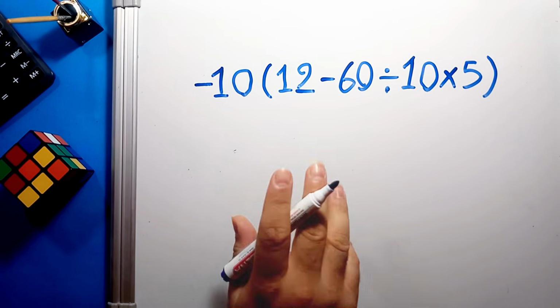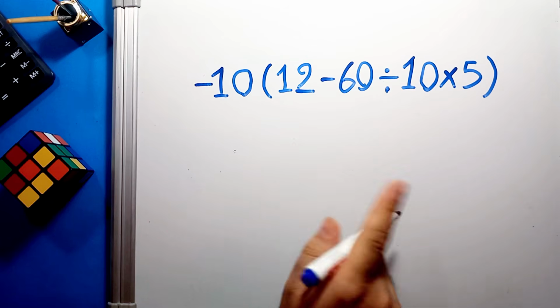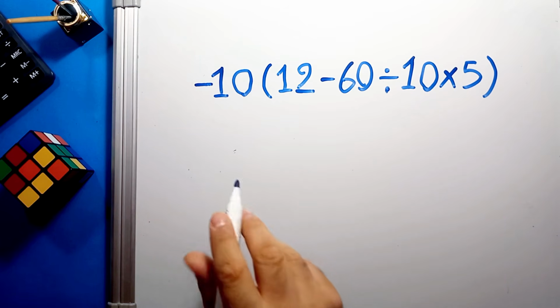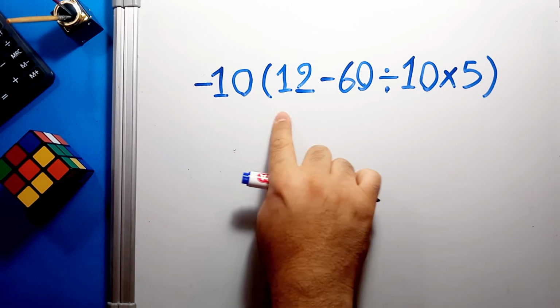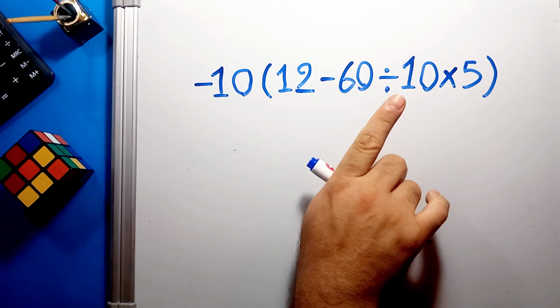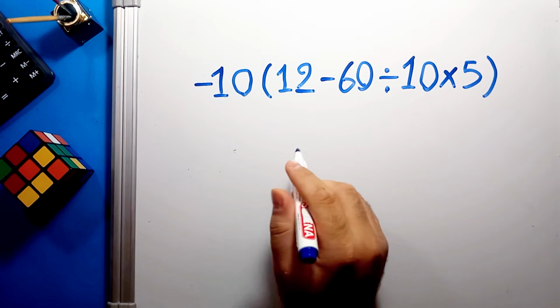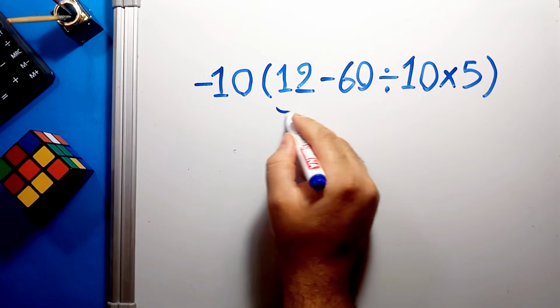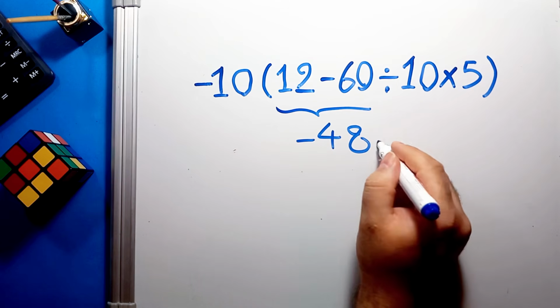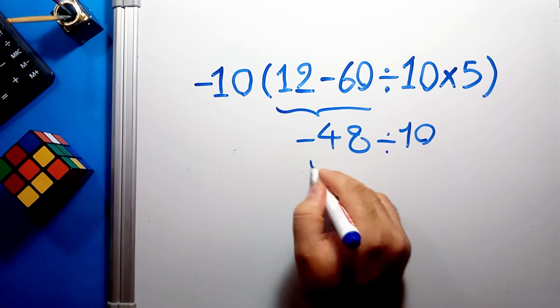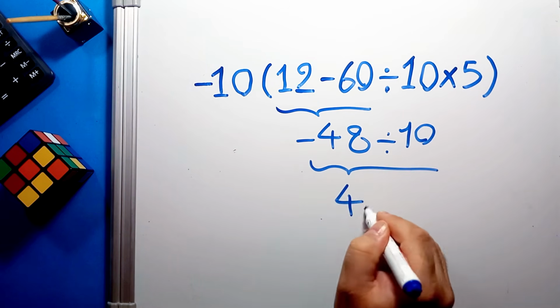Everyone makes mistakes here. And usually, they make this mistake. They immediately go left to right inside the parentheses without respecting operation priority. So they do 12 minus 60 equals -48. Then, -48 divided by 10 equals -4.8.